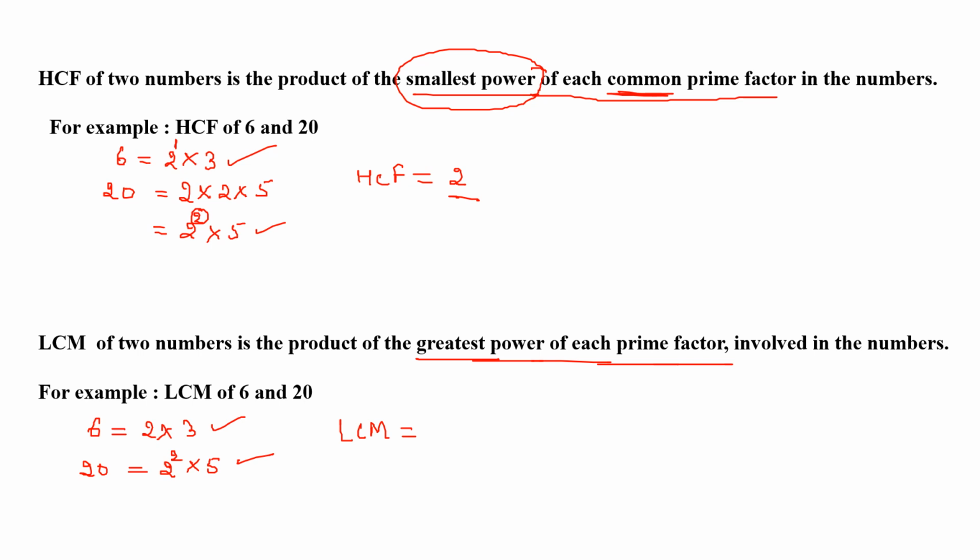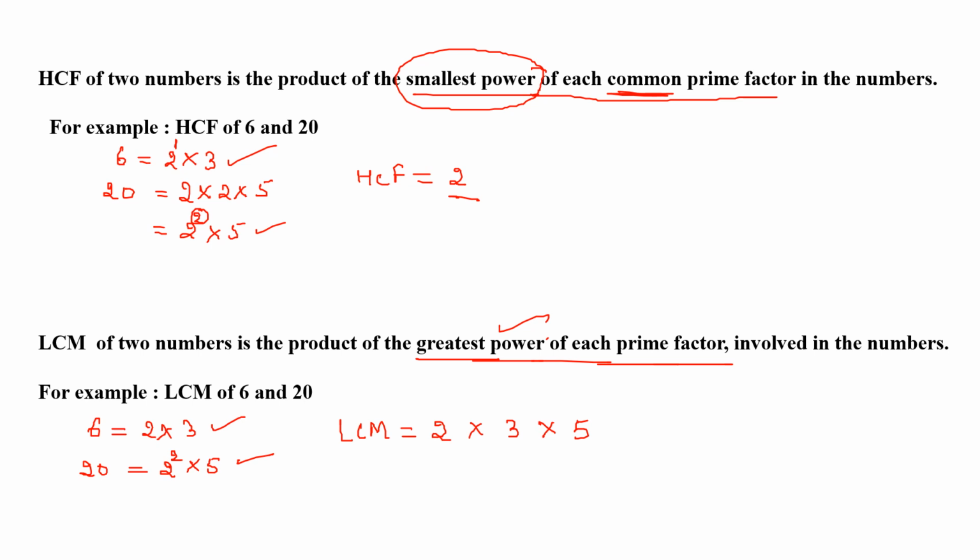In 6, the prime factors are 2 and 3, and in 20 the extra prime factor is 5. I have to take the greatest power of each. The greatest power of 2 is 2, the greatest power of 3 is 1, and the greatest power of 5 is 1.